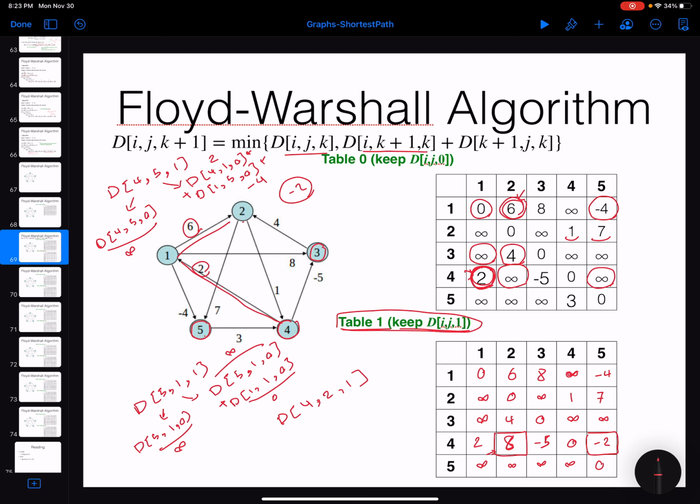So you don't exactly need O of n power 3 space. Keeping only 2 number of tables at each time is going to be enough, so you can modify it and reach to n power 2 space complexity, but still the time complexity is going to be O of n power 3.